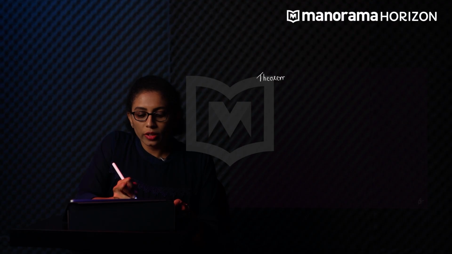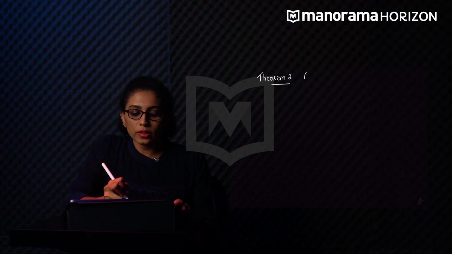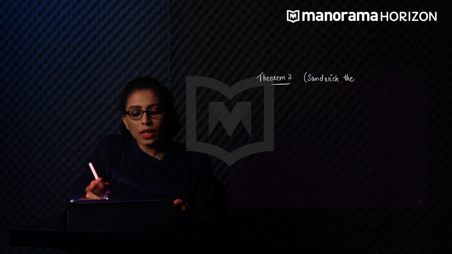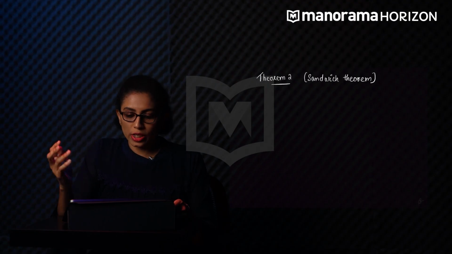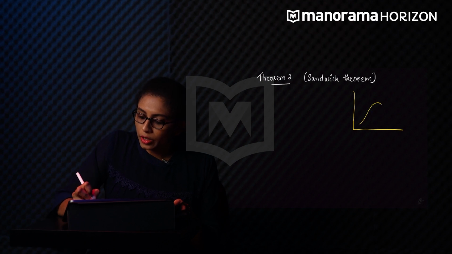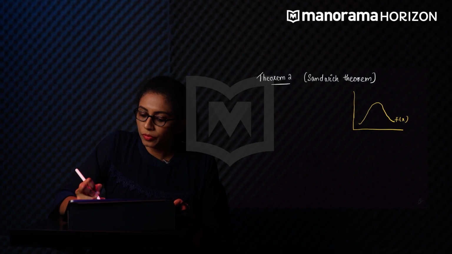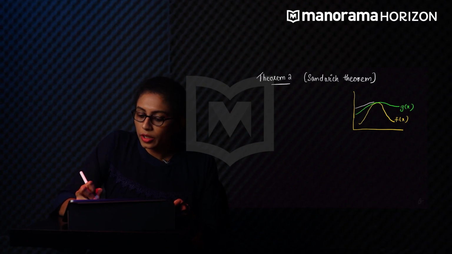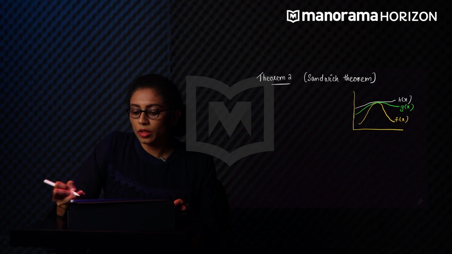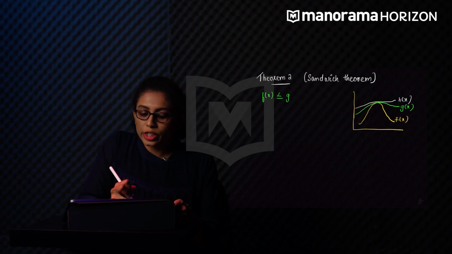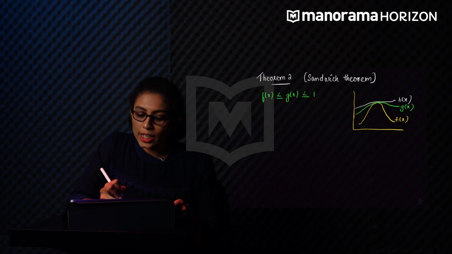Theorem number 2, which is otherwise called the sandwich theorem. The theorem states that you have three functions, f of x, another function g of x, and another function h of x, provided f of x is less than or equal to g of x less than or equal to h of x.